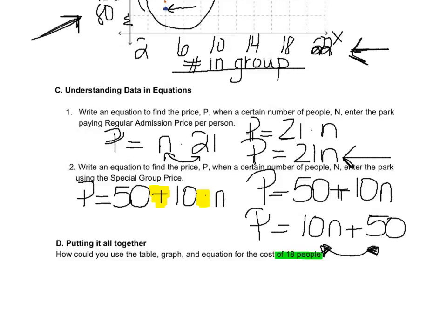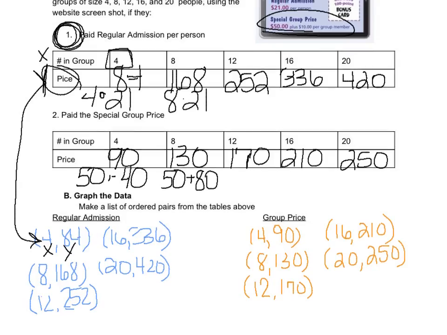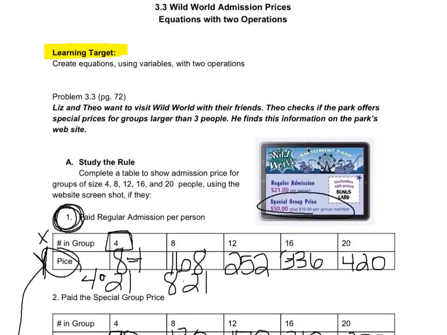Do you think that you could use a table, a graph, and or an equation and find how much it would cost 18 people to enter the park? If you can answer that and go back to our learning target where you can create equations using variables with 1 or 2 operations, then you are well on your way to understanding investigation 3.